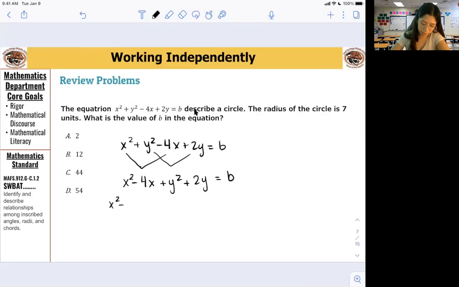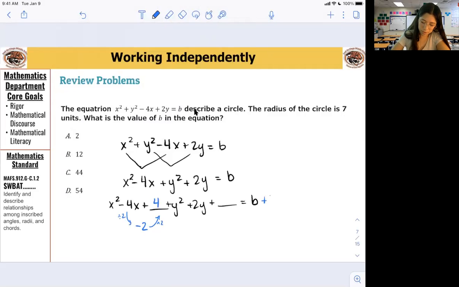I'm going to put in my blanks. And we go through and let's get our magic numbers. What's the magic number for x? -2. -2 squared, I get 4.